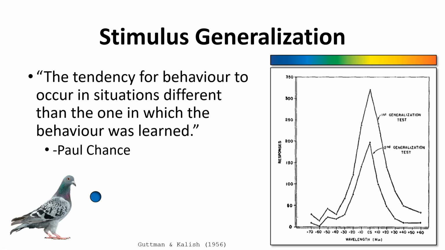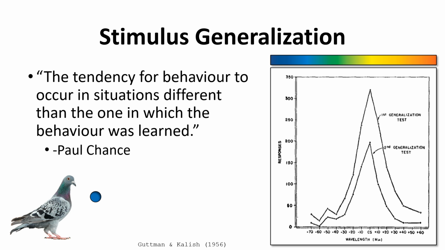All right, so we've talked about discrimination, where we're telling the difference between two stimuli, between a red light and a green light, but that brings us to another term, which is stimulus generalization. Generalization is almost like the opposite of discrimination.